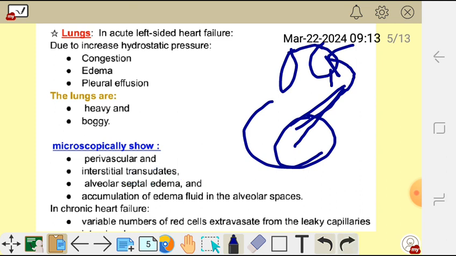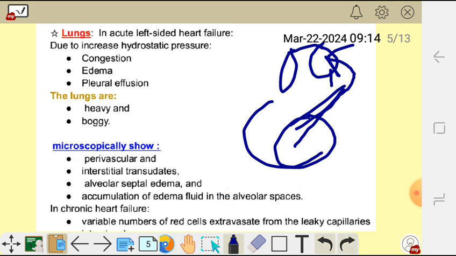So we are going to have accumulation of this transudate in the interstitium or in the perivascular space, and in the alveolar septa we are going to have edema. So alveolar septal edema is also going to be observed, and accumulation of edema fluid in the alveolar spaces, and this will lead to cough reflexes.